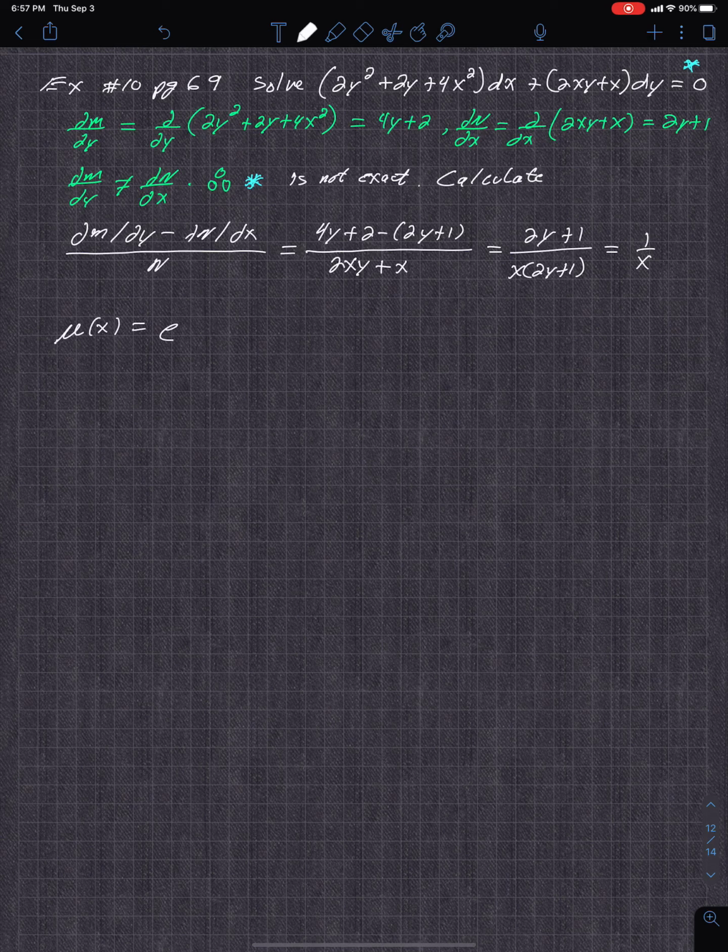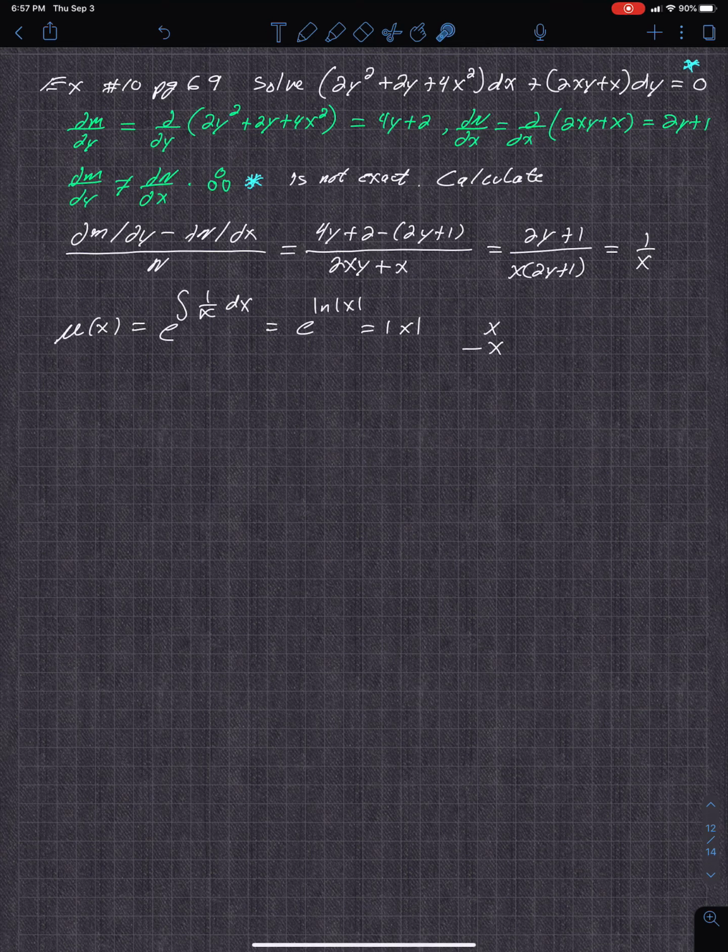Okay, so it's e raised to the integral of 1 over x dx. So that's basically what that's going to be, e raised to the ln absolute value of x, which is just absolute value of x. All right, so what you have then is basically if x is positive, you get x. If x is negative, you get negative x.